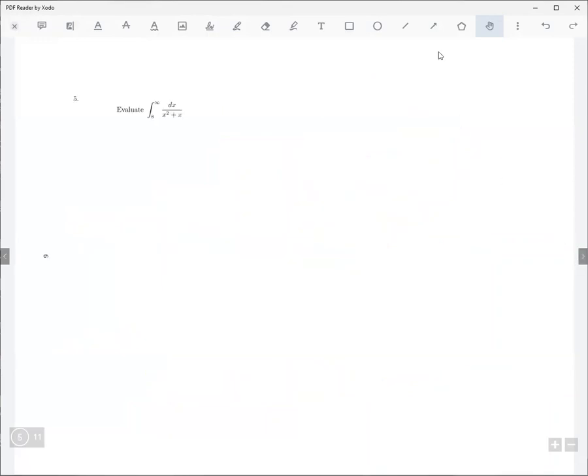That's fine too. Okay, number 5. Evaluate this right here from 8 to infinity. And if you look at the denominator, it's x times x plus 1.